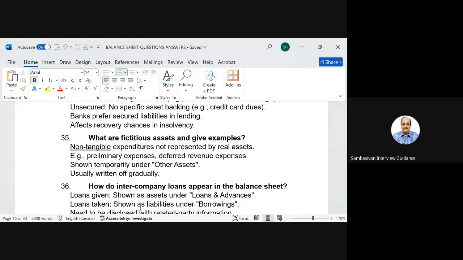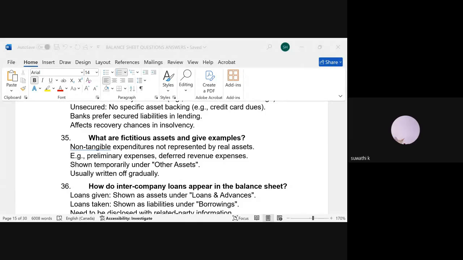Whereas fictitious assets are preliminary expenses and deferred revenue expenses already incurred, but kept in our balance sheet, because if they were shown in the first year itself, that would result in a big loss. Now, if you want, we can go and check the difference.